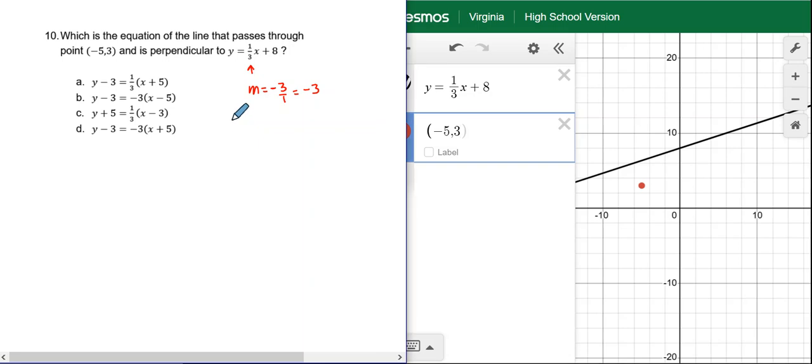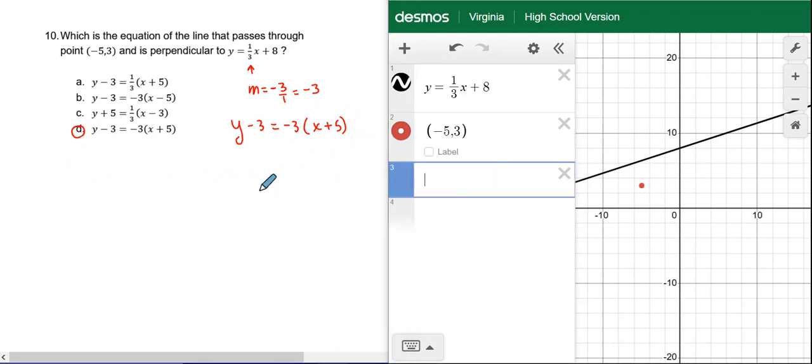So let me just write it out first. Actually, it's easier to just write it. So y minus the y coordinate, which is 3, equals the slope, which is negative 3, times x minus the x coordinate. So minus negative 5 will make it a positive 5. And that is the last one.